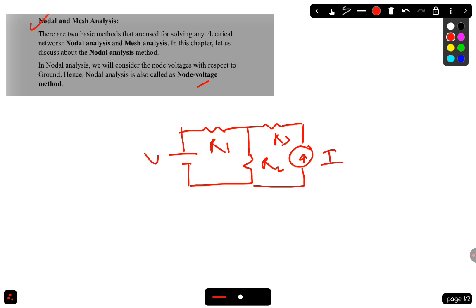In this circuit, first we have to find the principal nodes. As discussed earlier, principal nodes are where more than two branches meet. Here this is one principal node and here is the second principal node. Here we have to consider ground, because all are shorted to each other.